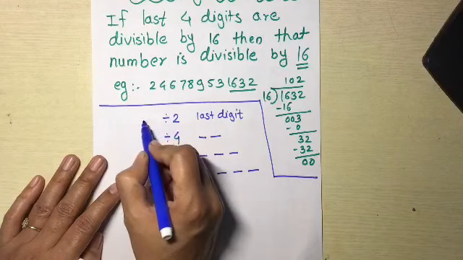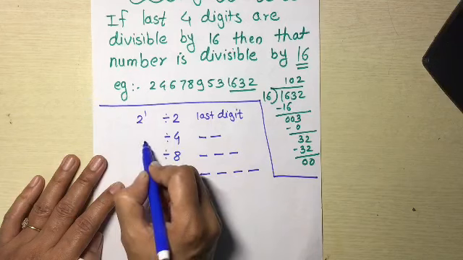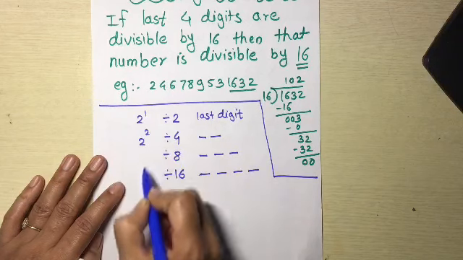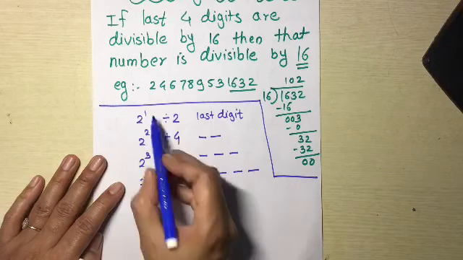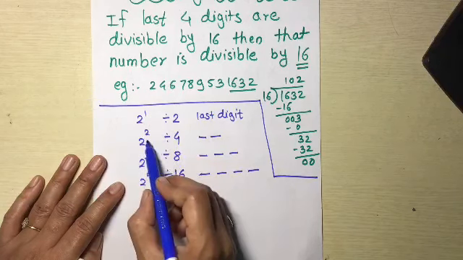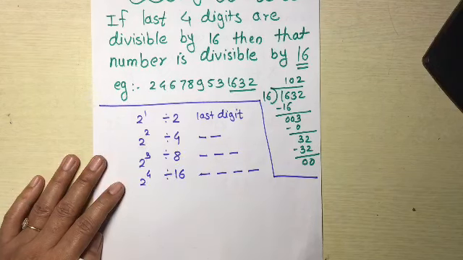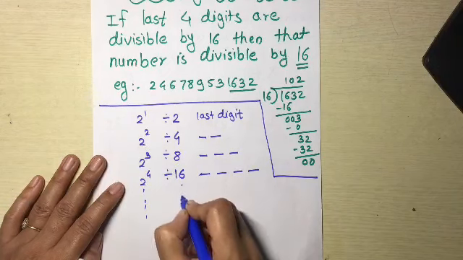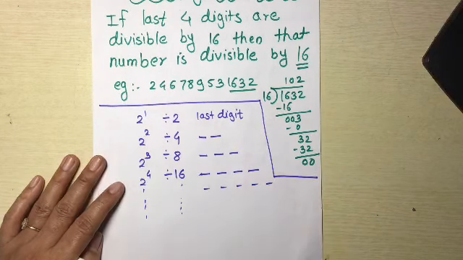Here what is the degree or what is the power? 2 raised to 1. Here what is the power for 2? 2 raised to 2. Here 2 raised to 3 और here 2 raised to 4. मीन्स यहाँ पे आपको लास्ट डिजिट चेक करना है, यहाँ पे 2 डिजिट, यहाँ पे 3 डिजिट, यहाँ पे 4 डिजिट, like that onwards you will start to check that. Means here you will increase one digit.